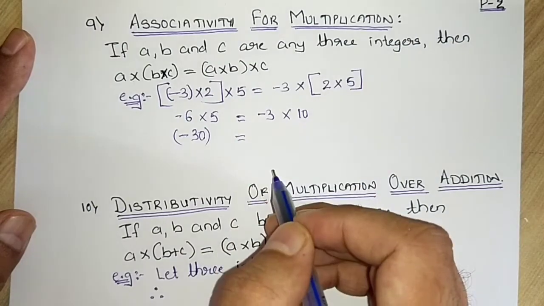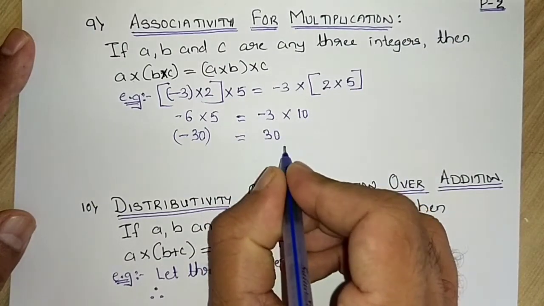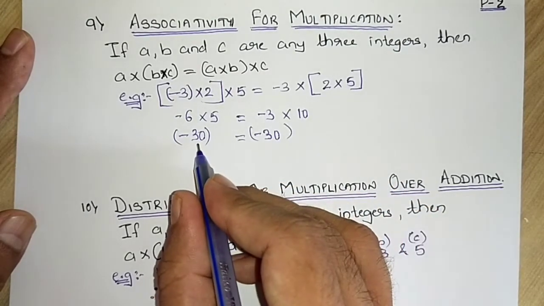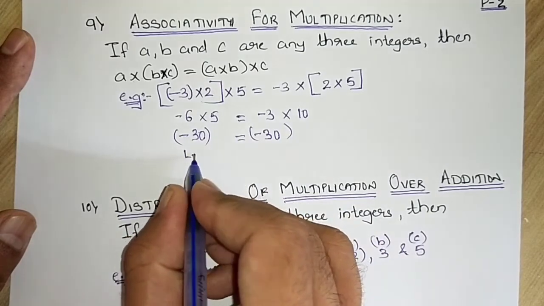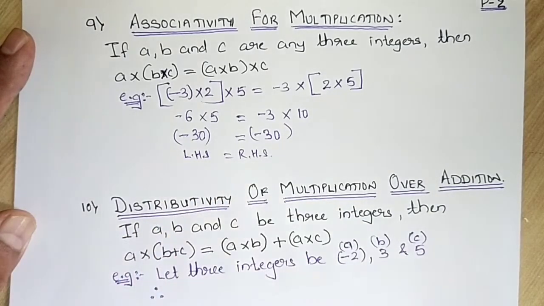One is negative, one is positive. We multiply numerical value, 3 times 10 are 30, and give the negative sign. So we can see LHS is equal to RHS. So we can say that integers are associative for multiplication.